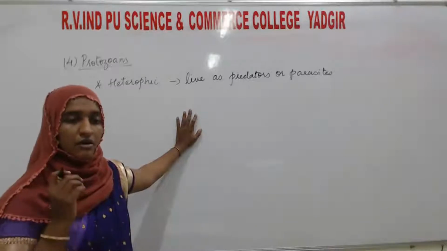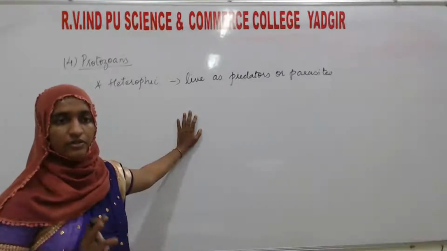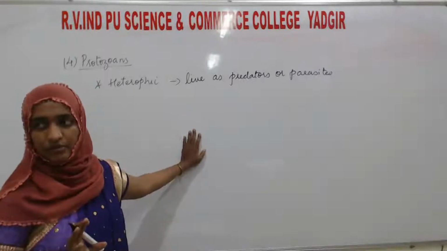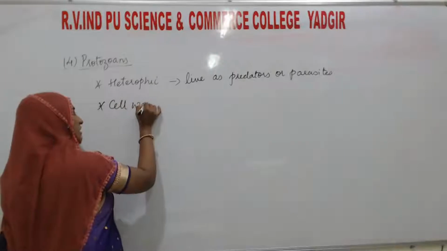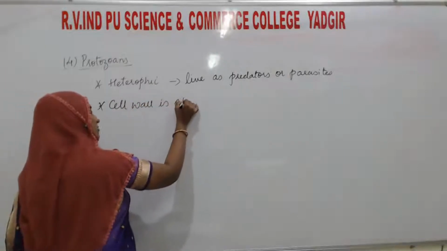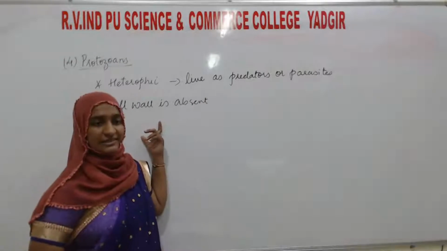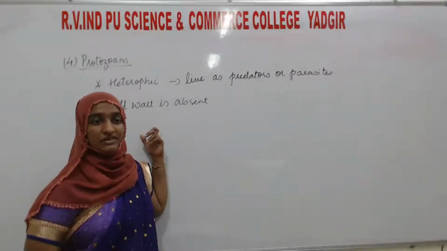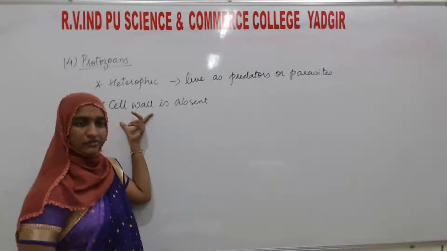Then, all the protozoans do not have a cell wall. The cell wall is absent. Normally, the cell wall is present in plants and absent in animals. So the absence of a cell wall is a character exhibited by animals.